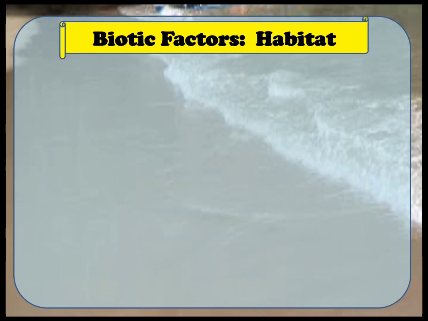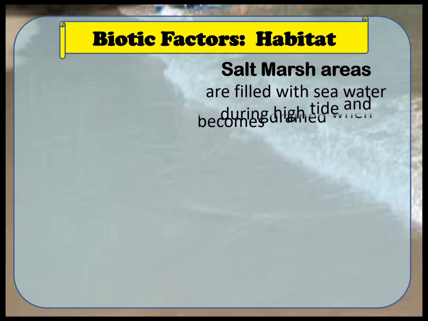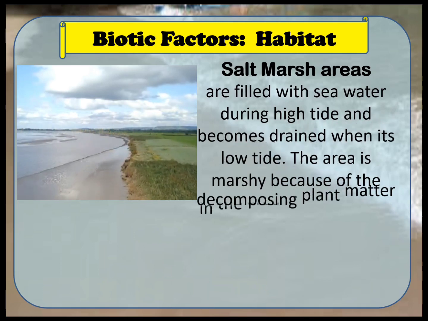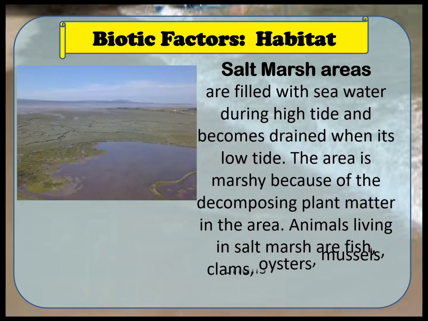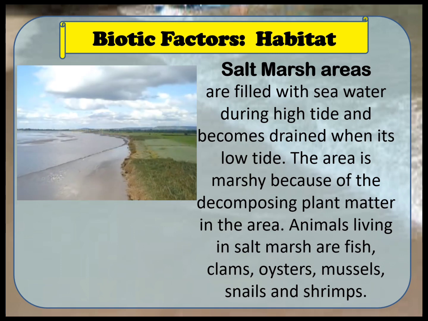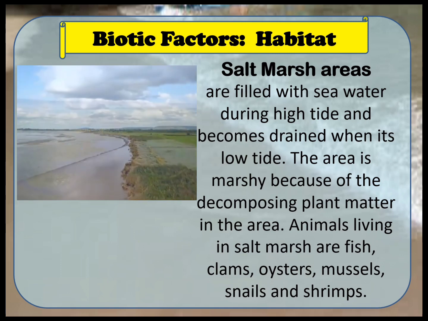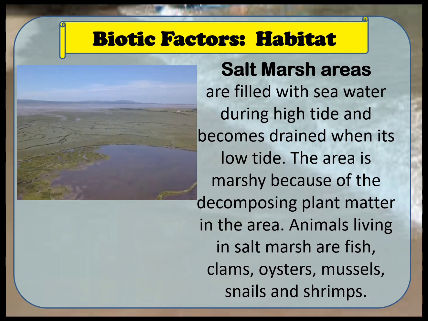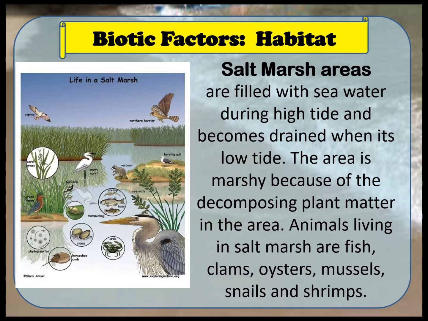Salt marsh areas are filled with seawater during high tide and become drained when it's low tide. The area is marshy because of the decomposing plant matter in the area. Animals living in salt marshes are fish, clams, oysters, mussels, snails, and shrimps.